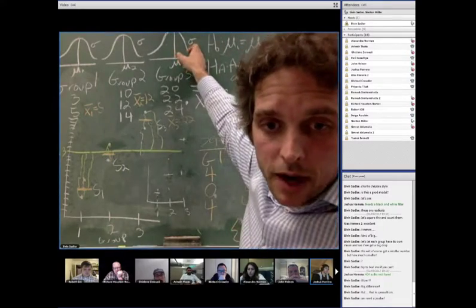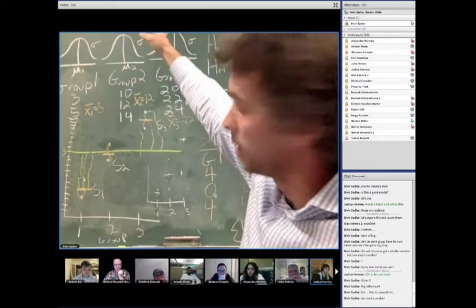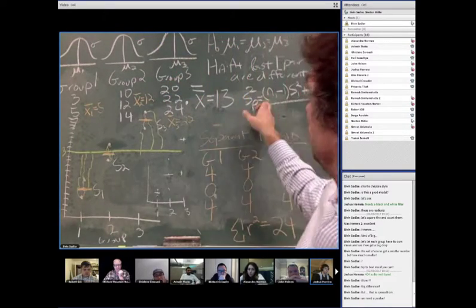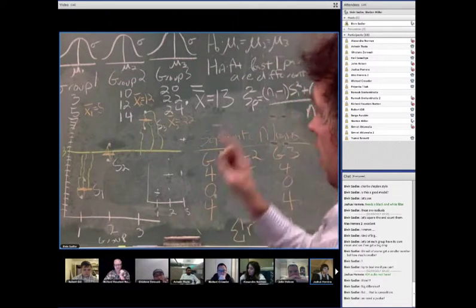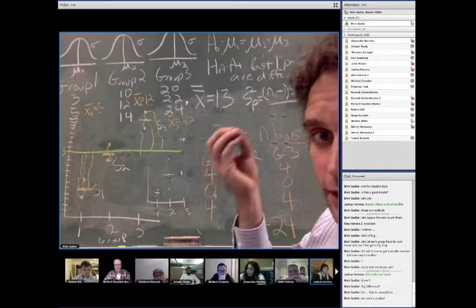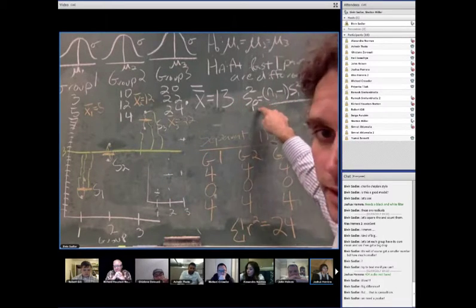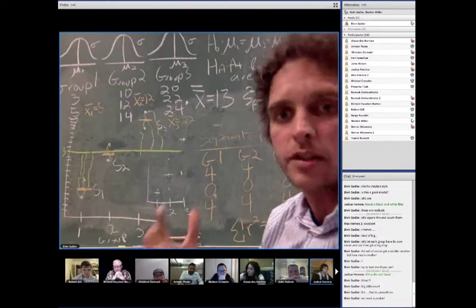The last piece is the number of independent observations that you're using to estimate this is what's increasing your power. Of course, we've already established that the more observations we have, the more power we have to detect significant effect sizes and significant differences between these means.